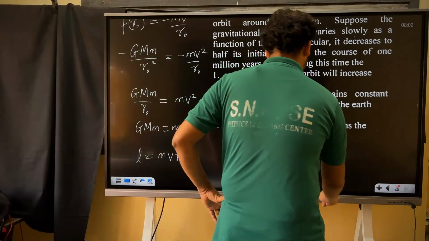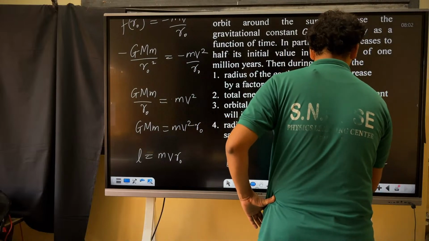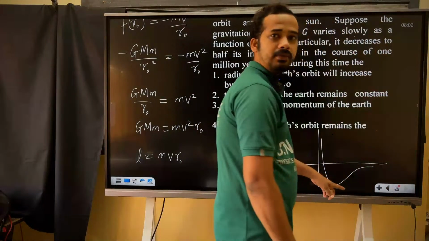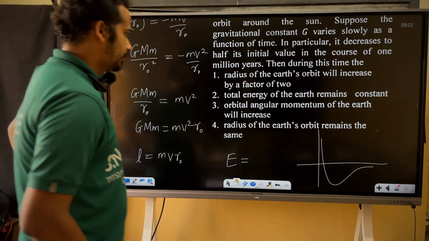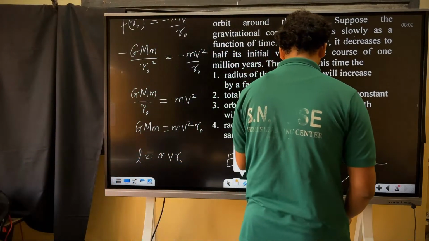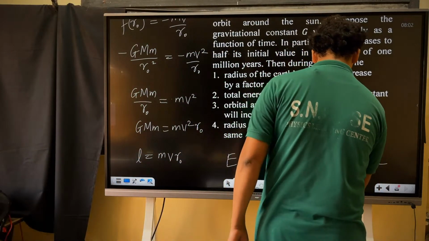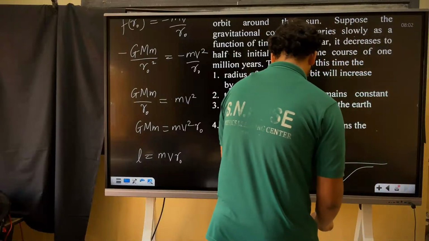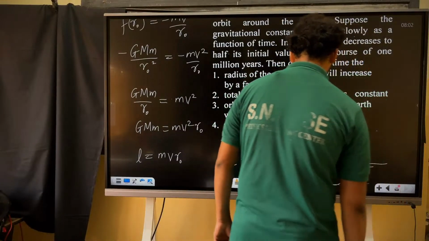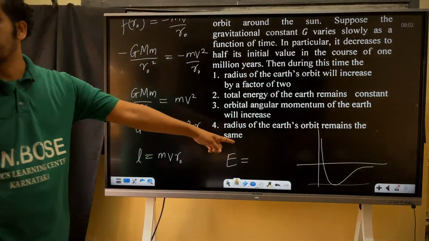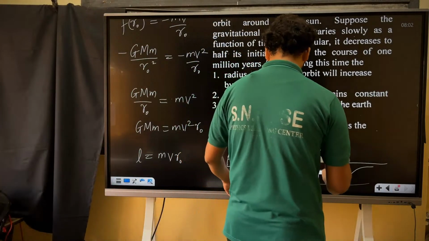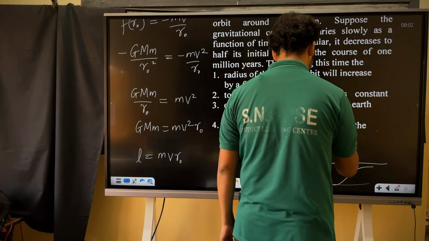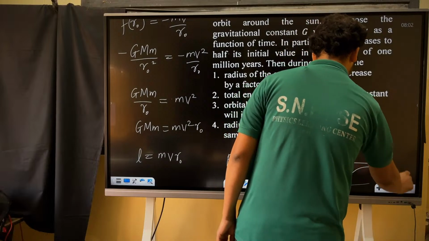This particular curve, whatever we used to draw, we are not utilizing that one. A circular orbit will happen when energy equals this value, isn't it? So check this out, this may help actually. That curve, V effective. Can you recall? We have drawn V effective as a function of R.